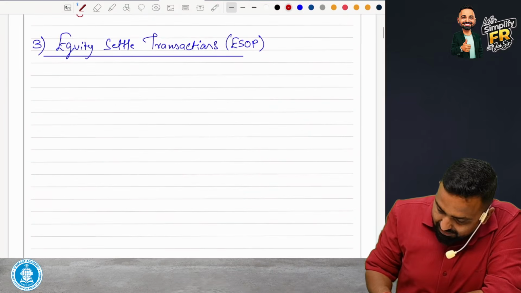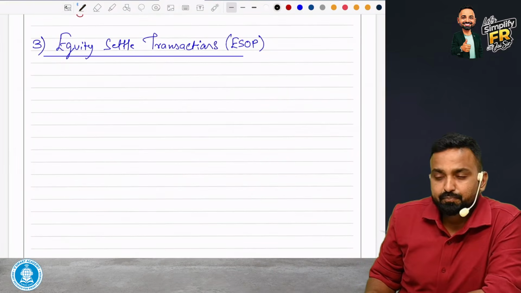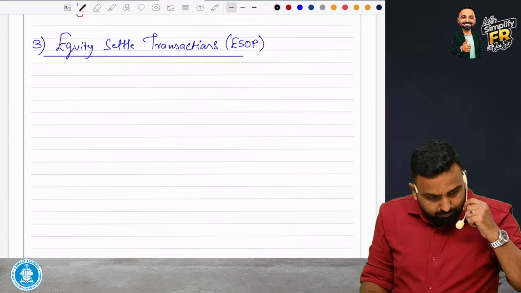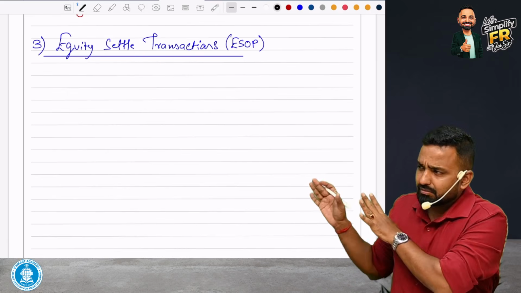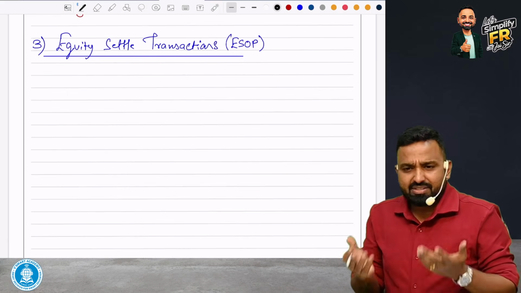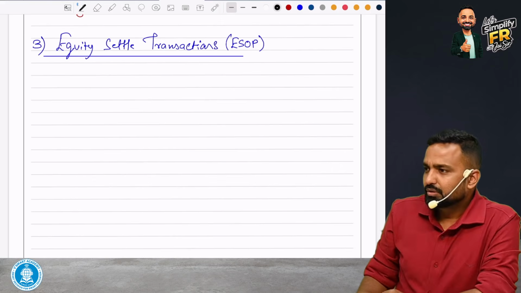Equity settled transaction. Let's start writing. So first of all, you have seen two examples, one in the class and one the practical example. What do you feel?